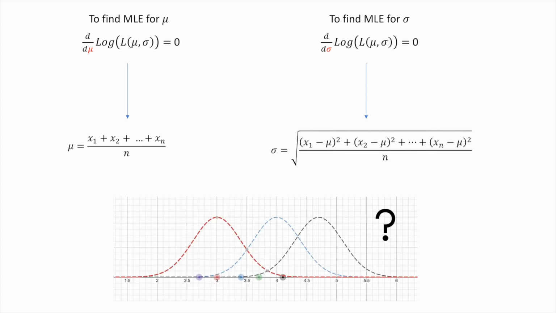Now, let's hold on for a bit and try to remember what we were trying to do in the first place. We were trying to identify the parameters of the distribution that maximize the probability of observing the data. So we were trying to shift the normal distributions along the x-axis and trying to play with the standard deviation to see which distribution best fits the data.